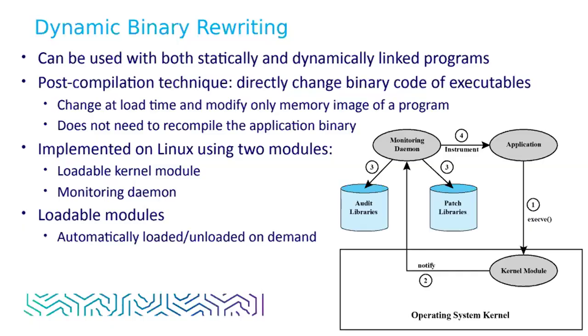By modifying the executable only in memory at load time, organizations can audit existing software while preserving the original executable file. And it is very important that the Linux implementation uses a loadable kernel module and a monitoring daemon to handle the process, with modules automatically loaded and unloaded as required.